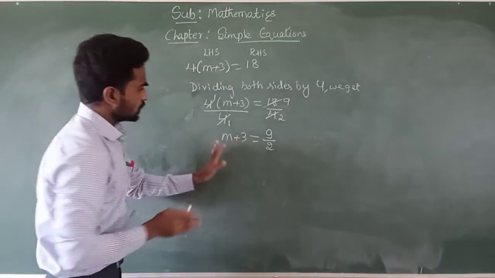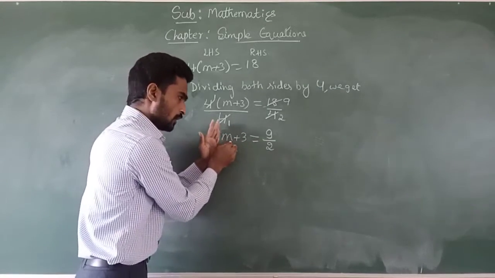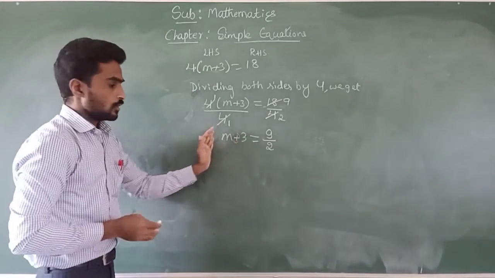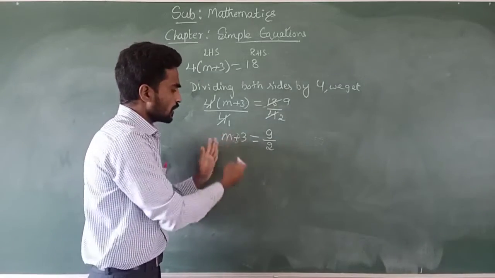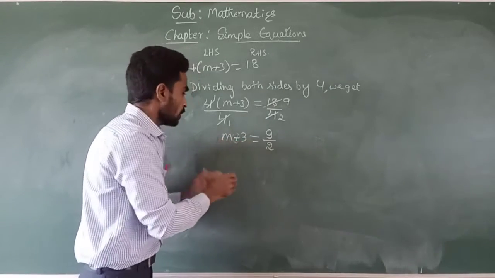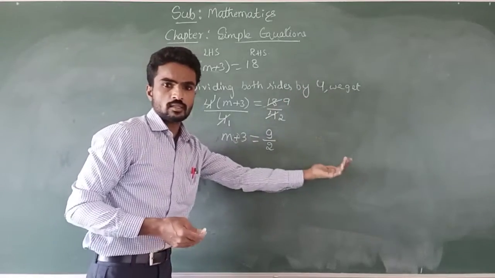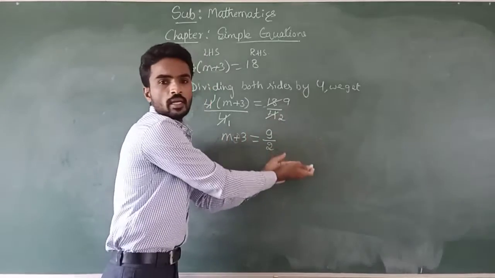Now observe this equation. Here m is variable, 3 is constant. In between, addition is there. For removing this plus 3, in the previous method we subtracted 3 on both sides, but now we are transposing this plus 3 to the RHS side. When it goes to the RHS side, the sign will be negative.